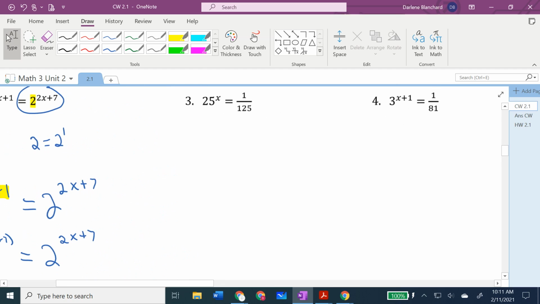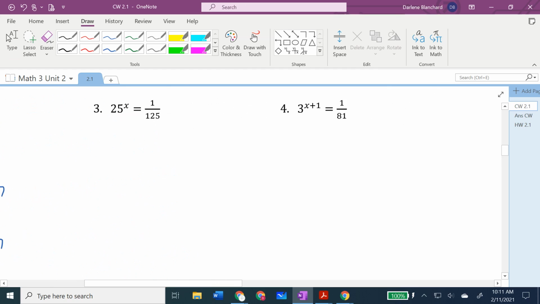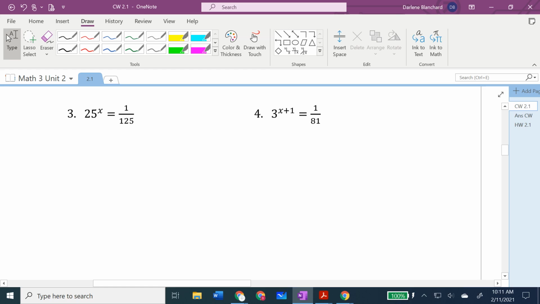Now, number 3 takes us into another area of an issue. I want to start off with 25 is equal to, and you want to recognize it as 5 squared.